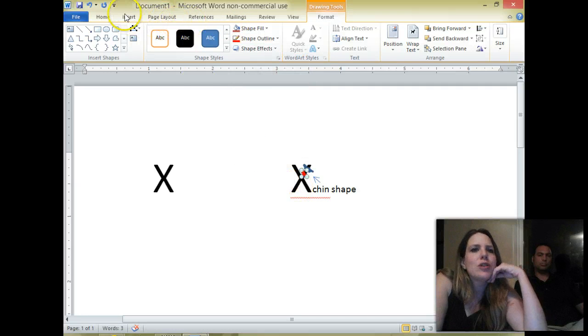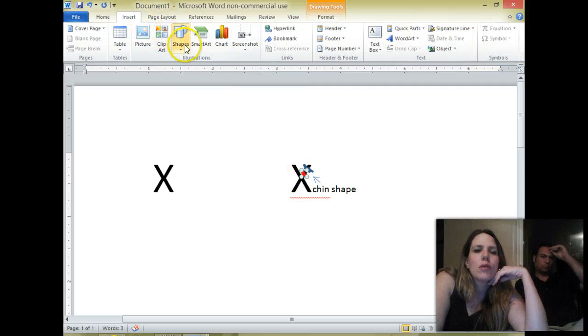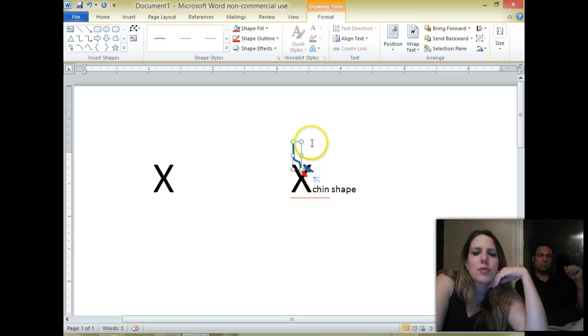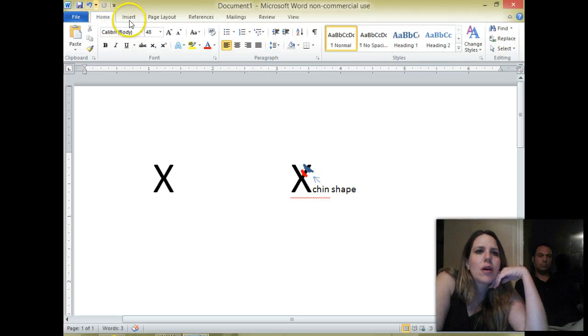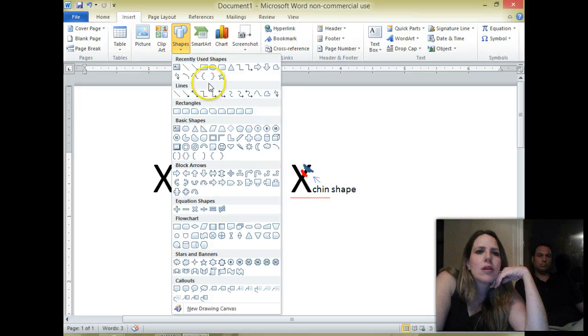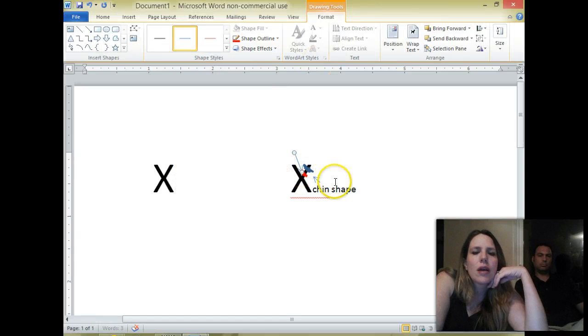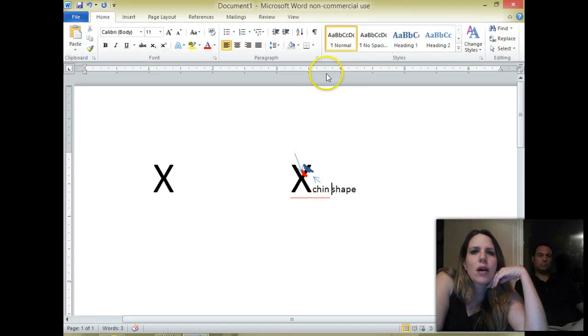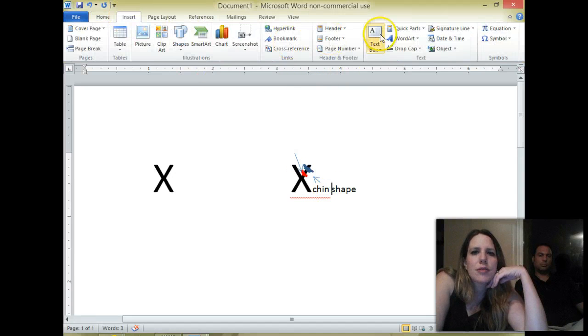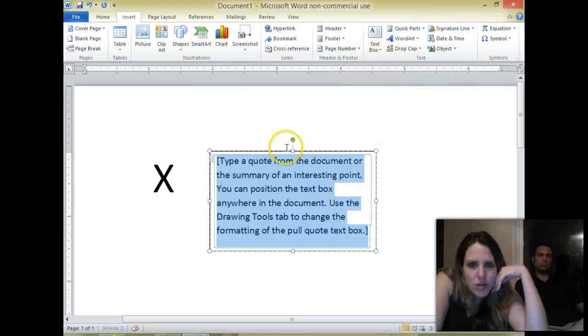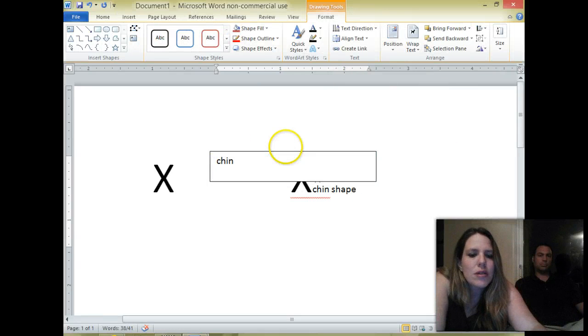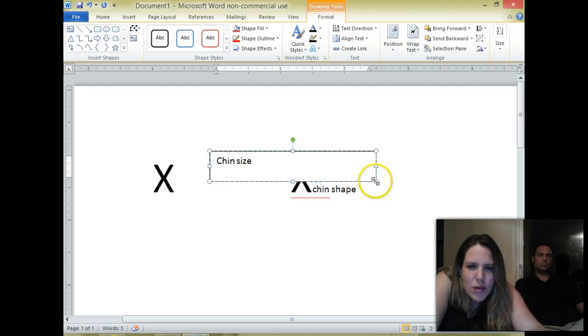Maybe that gene coded for the next thing, which is chin size. So let me insert another text box there: chin size.